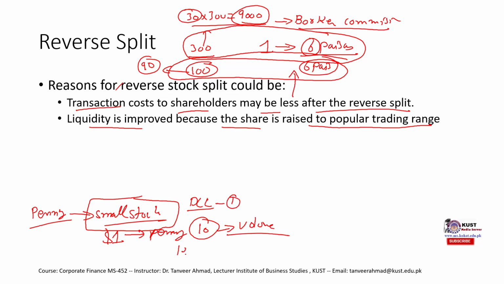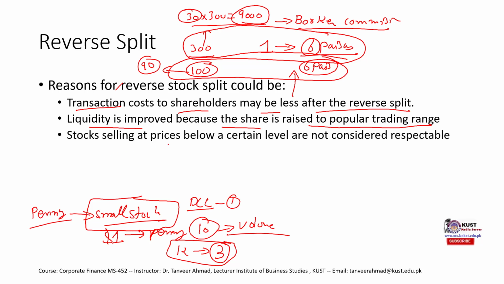Say for example, KE Electric, its price is around 3 rupees, right? So besides the transaction cost, these shares are at quite low prices. So what the company would want is to increase its price. So to increase, what they can do is they can go for reverse split, and its price would increase.